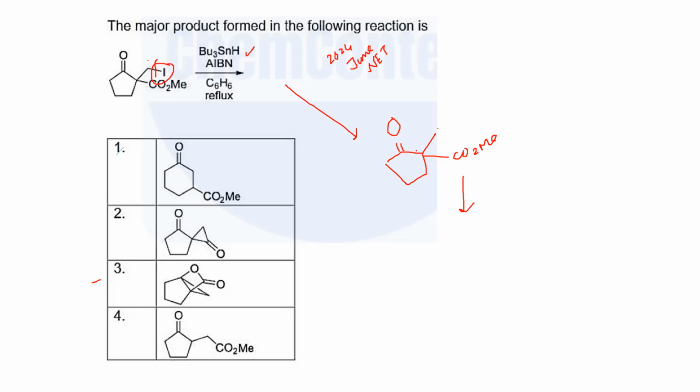Now in presence of heat there will be a bond migration to here, generating a radical center at this place.